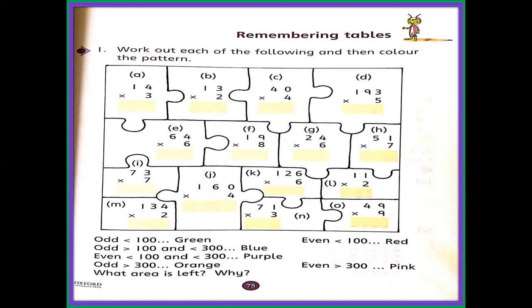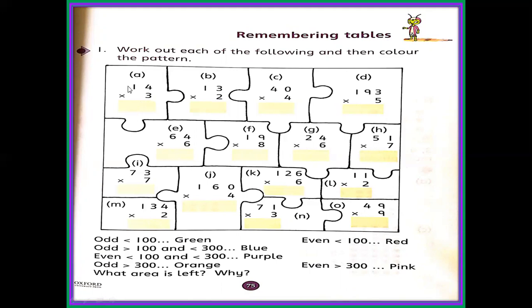Question: remembering table. Work out each of the following and then color the pattern. Okay, first you solve this, write the answer and then color according to the instructions given below. So first we will do the questions, write the answer.